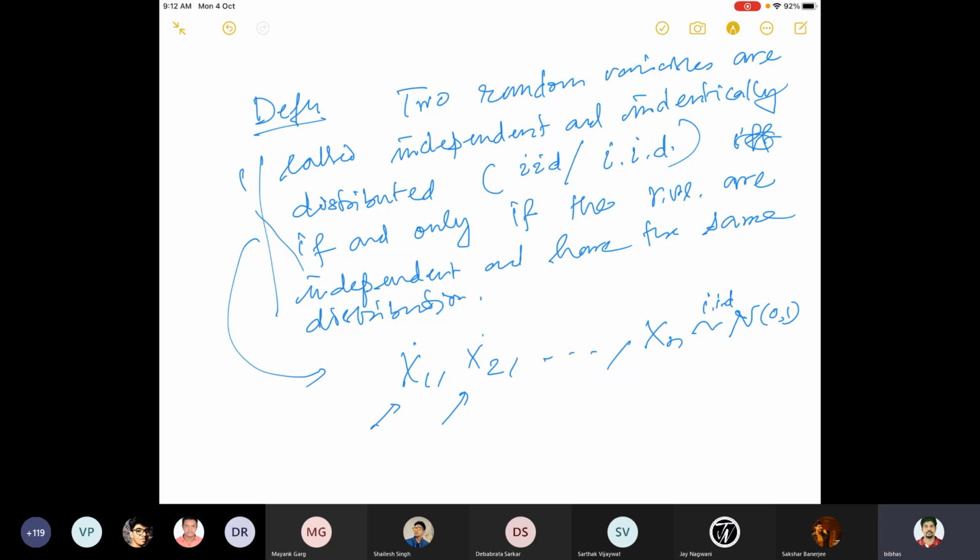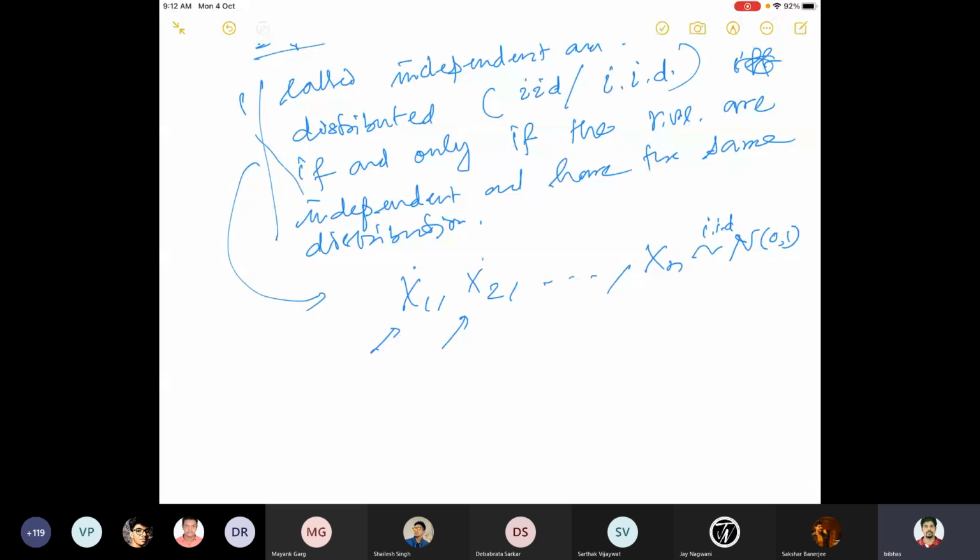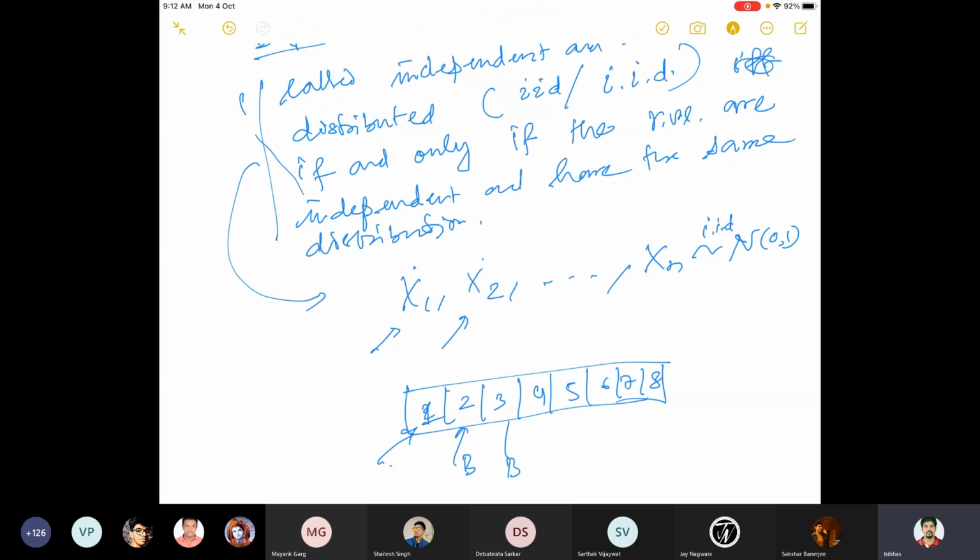Like whenever you are tossing a coin, when we talked about binomial, let's say you made 8 tosses. This is Bernoulli, this is Bernoulli, everything is Bernoulli, and they are all independent.